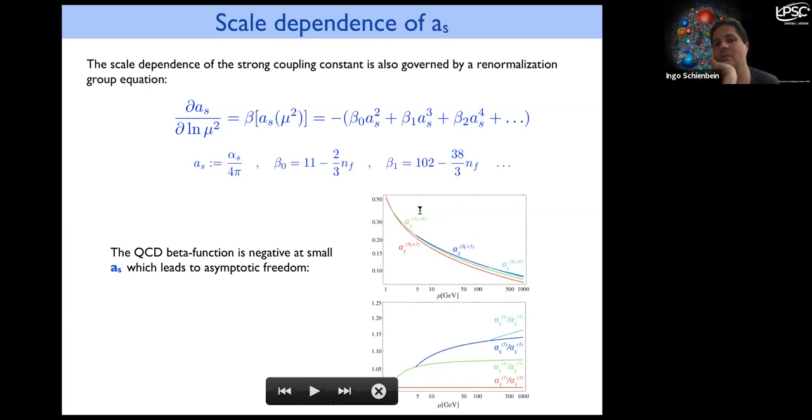When you switch on 4 flavors, it's getting less steep, and 5 flavors, again less steep, and with 6 flavors, again the running slows down a little bit. That's easy to understand because the absolute value of beta 0 becomes smaller when you increase NF. If NF were 16, beta 0 would even be negative, and we wouldn't have asymptotic freedom anymore. But unfortunately, we only have 6 flavors.